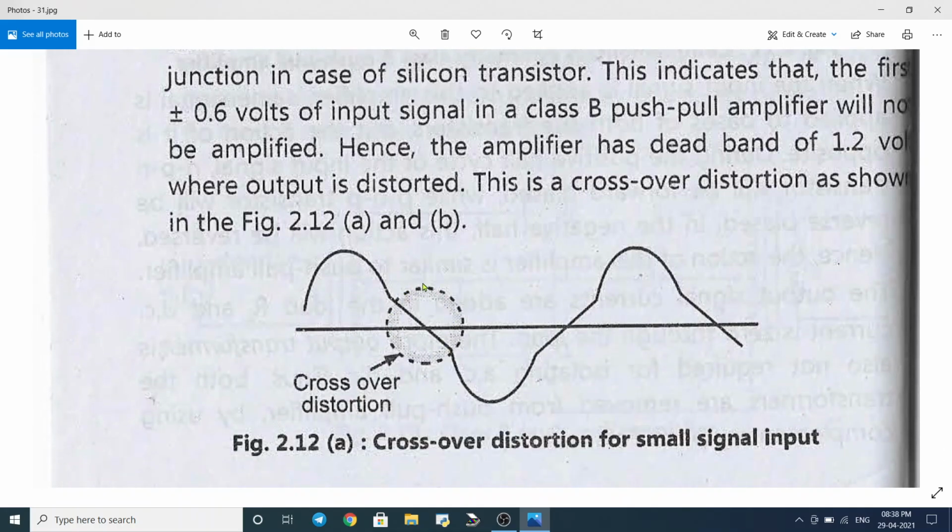See, during this, the second transistor is not turned on. The input junction does not remain forward biased. The base emitter junction does not become forward biased. So there is a crossover distortion.